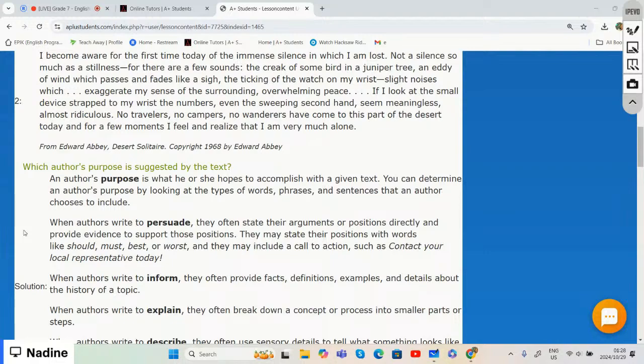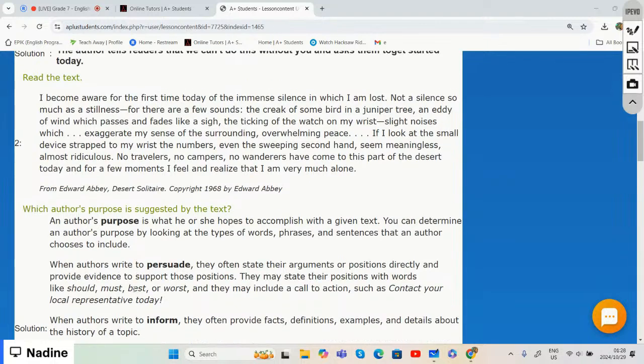And if we look at this text that the author writes, here the author is being descriptive because they are describing a lot of things.